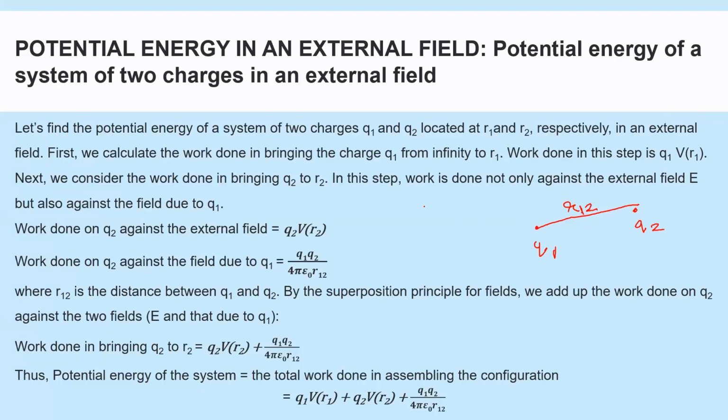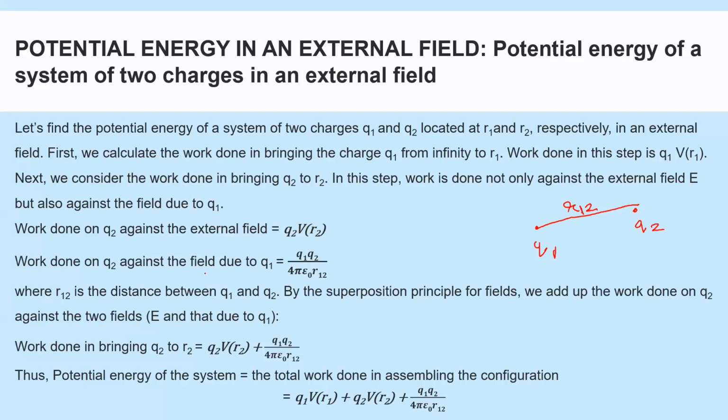Work is done against the electric field that is there due to Q1, as well as the external electric field that is present. So first, the work done against the external electric field, we saw for a point charge in the previous slide. It's going to be Q into V, so Q2 into V at R2.